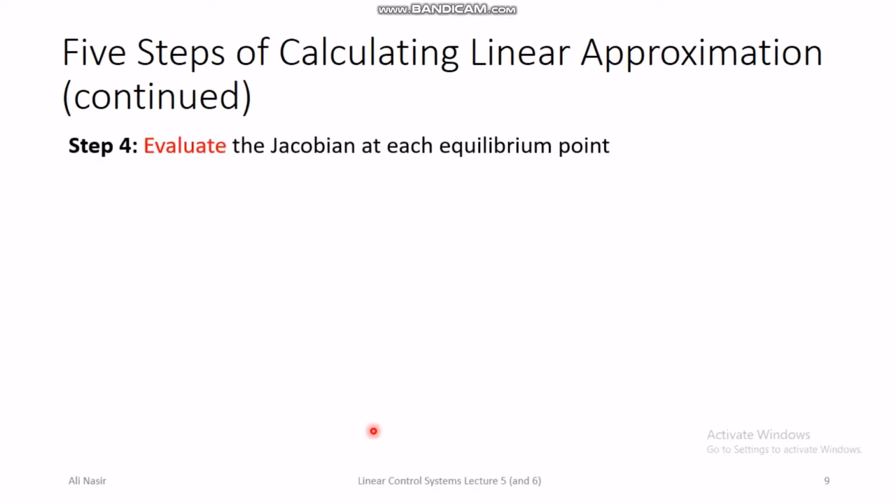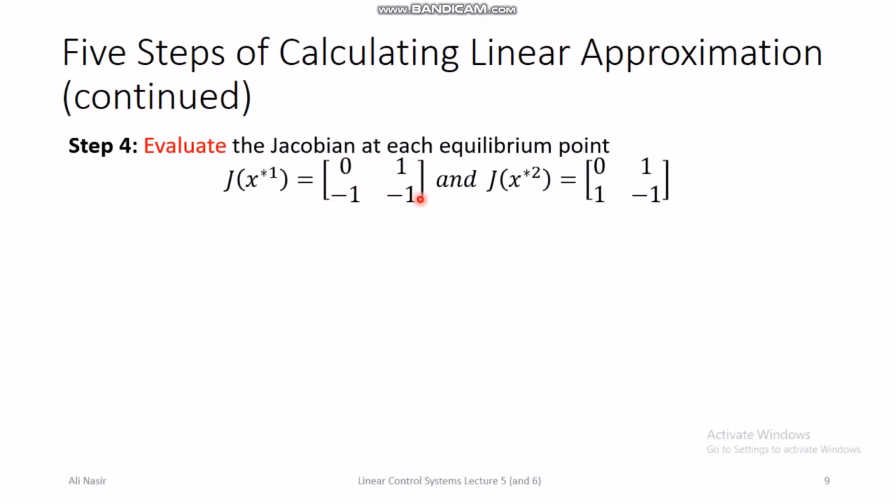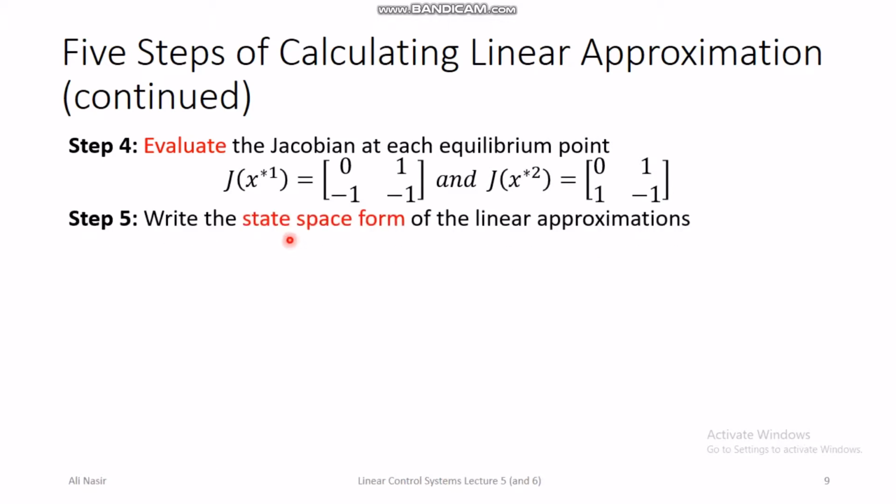And if you evaluate the Jacobian at x1 equal to pi and x2 equal to 0, then cos of pi will be minus 1, and the minus before the cos of x1 will be cancelled out with the minus of the evaluation of cos of x1. So this will be the Jacobian matrix evaluated at the second equilibrium point. So this was step 4, to evaluate the Jacobian at all of the equilibrium points.